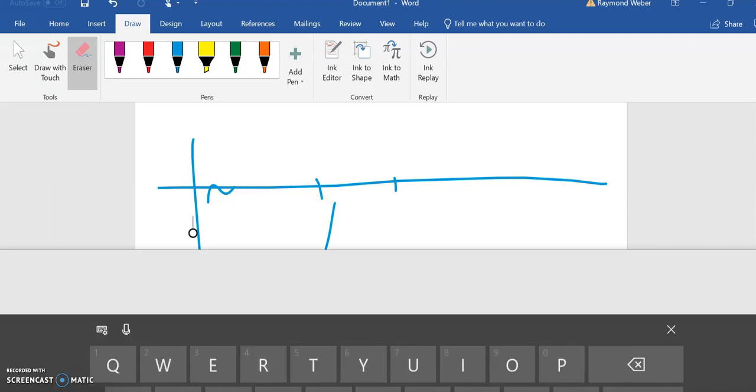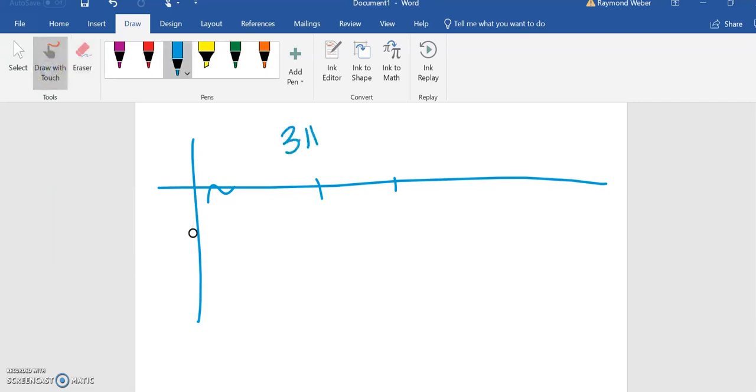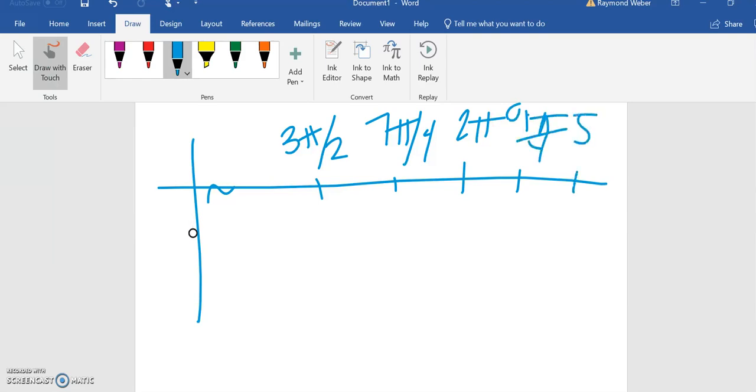I want to put these up on top just to make it easier to see, because I know all my points are going to go on the bottom. Okay, so 3 pi over 2, and then this is 7 pi over 4, 2 pi, 9 pi over 4, and 5 pi over 2. Okay, and then over here, -1, -1/2, -1, -1.5.